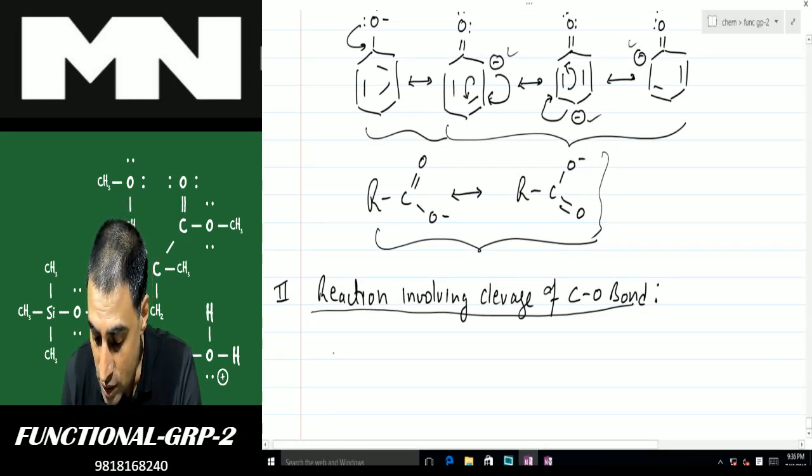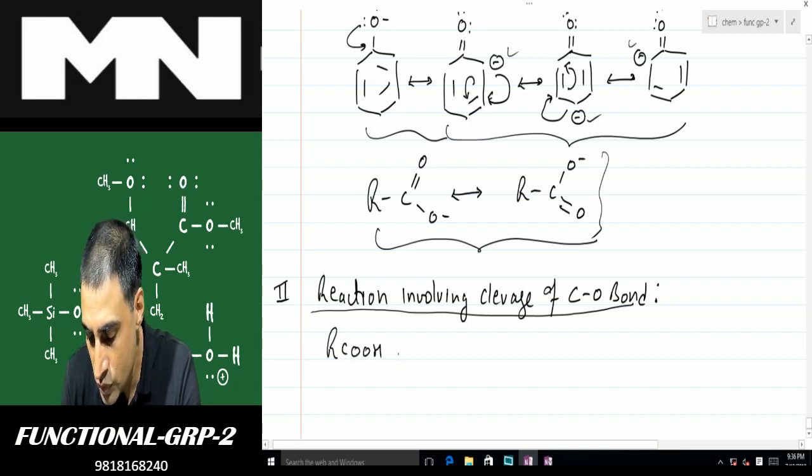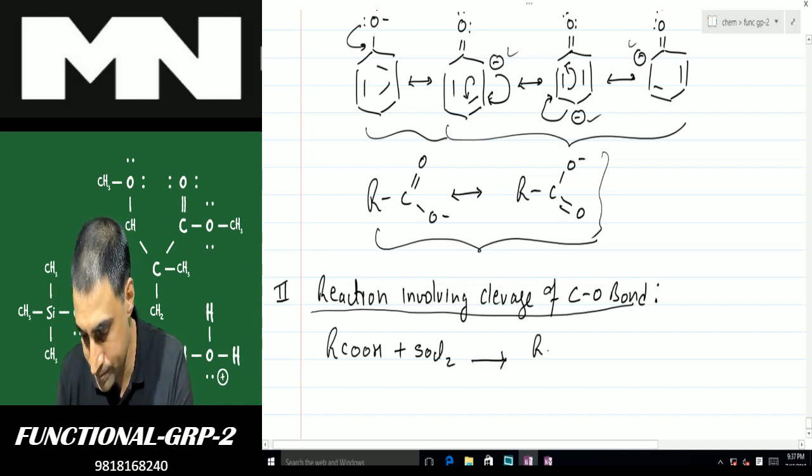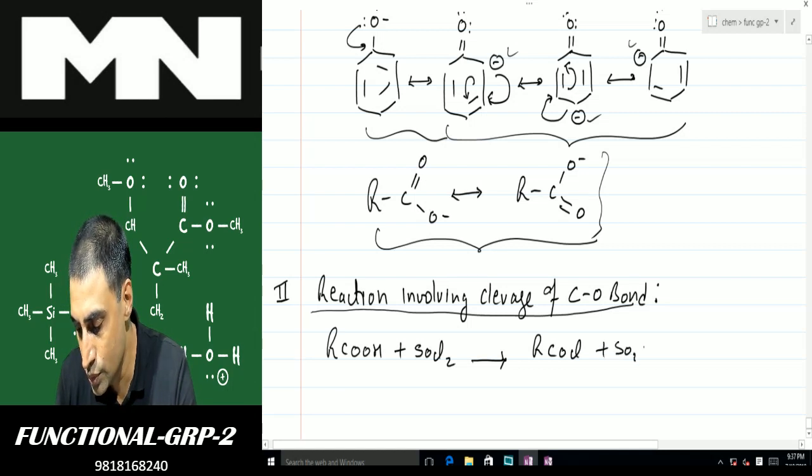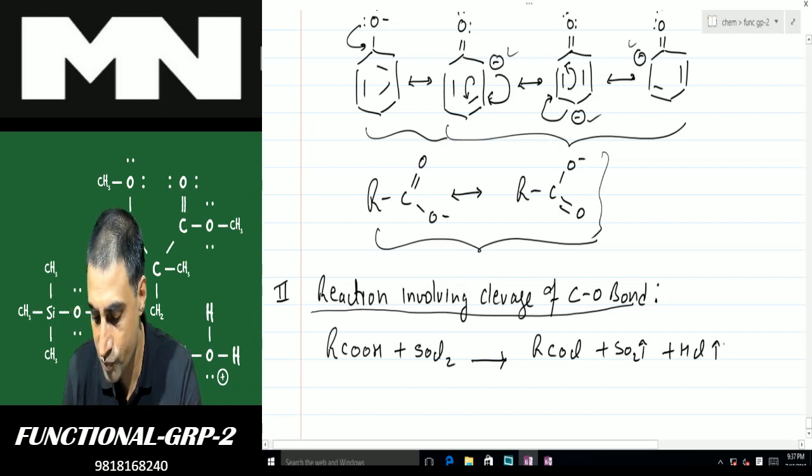Now suppose I react a carboxylic acid with SOCl2, I will get RCOCl plus SO2 plus HCl.